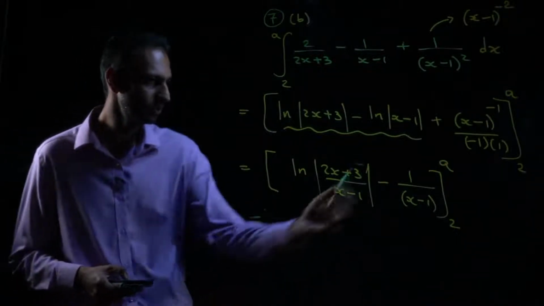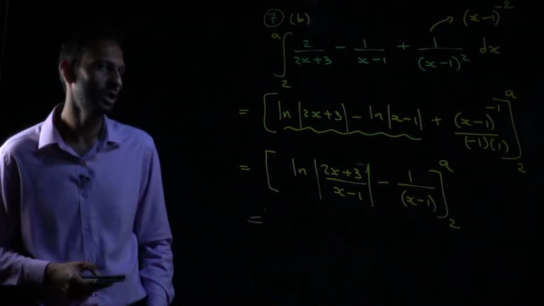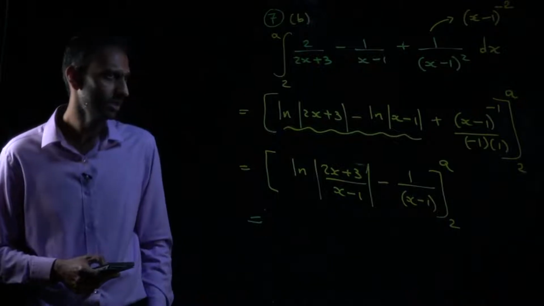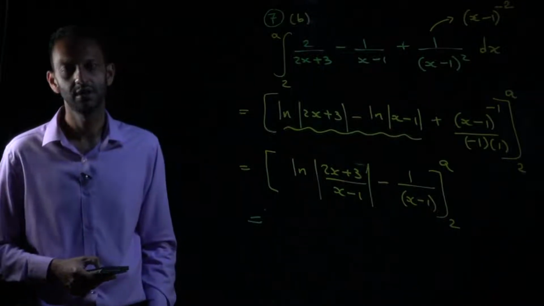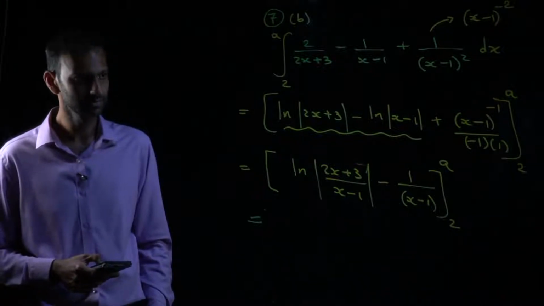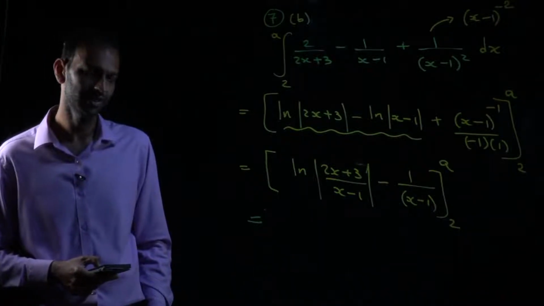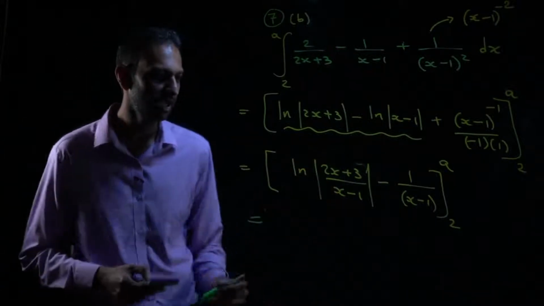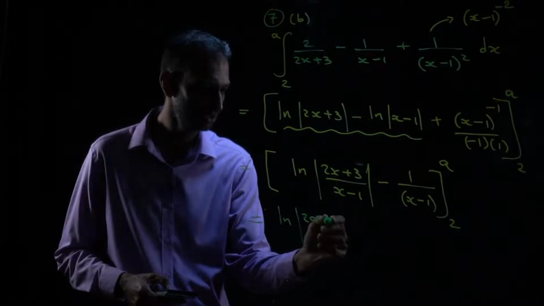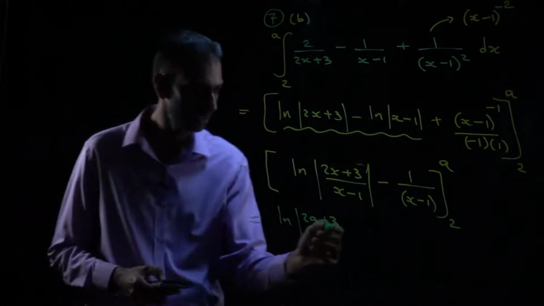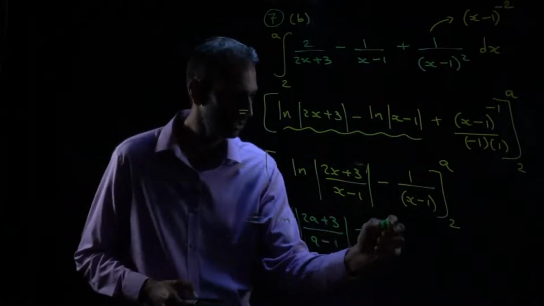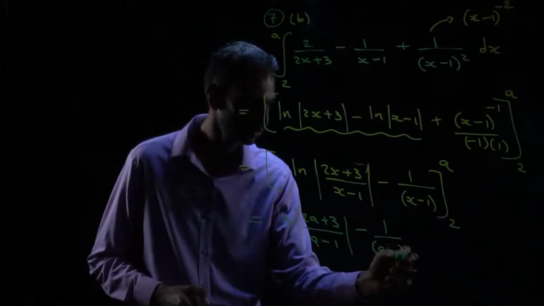Let us now continue. The next step is to replace the upper limit and the lower limit. I'll give you a few seconds to check the two steps, and then we'll continue. All right, I think that's enough. So let's replace the upper limit. We have x replaced by a. We are substituting ln of 2a plus 3 divided by a minus 1, and the second term, 1 divided by a minus 1.